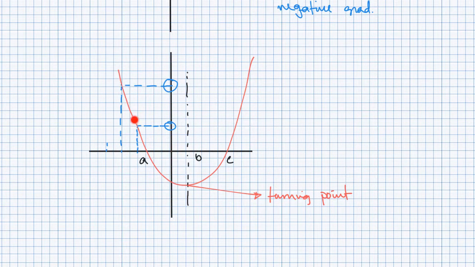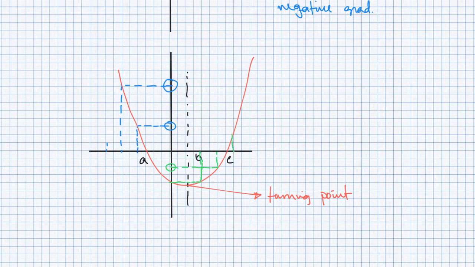So this function is decreasing up until it gets to the turning point. When it gets to the turning point, the rest of the function is now increasing, going up there. So if I choose, let's go for a different color, if I choose to go there, this x value gives me that answer. But if I come along here, it gives me that answer, which is higher.